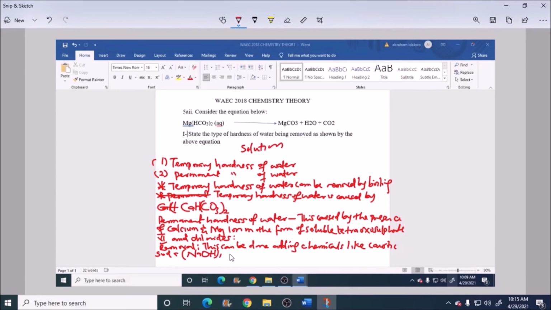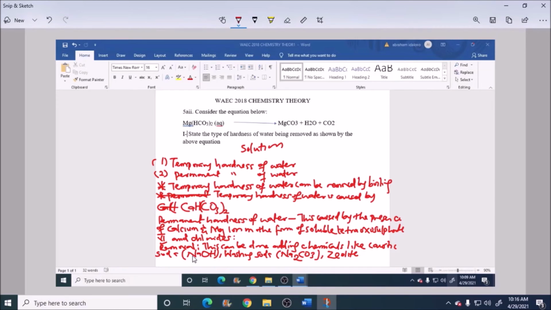Then we can still add a chemical like washing soda. We have washing soda, then that one is sodium trioxocarbonate 4. That is our washing soda. Then we can still have zeolite as one of the chemicals to be added to remove permanent hardness of water.